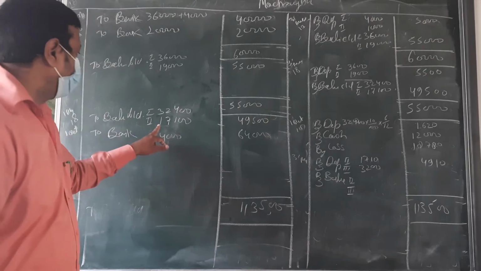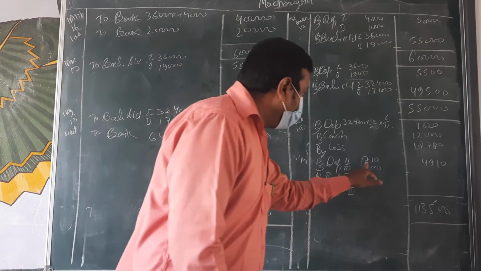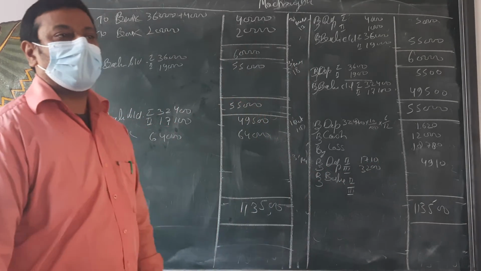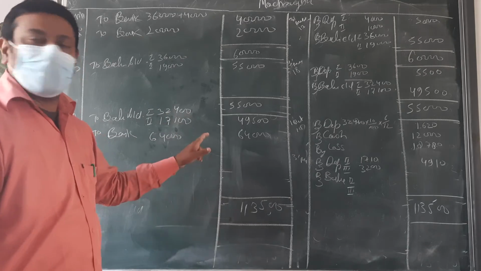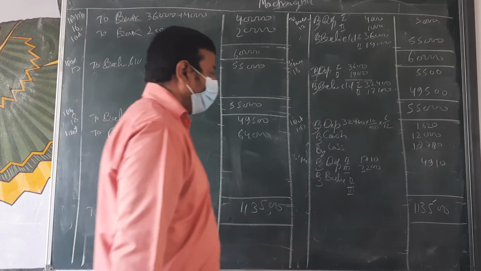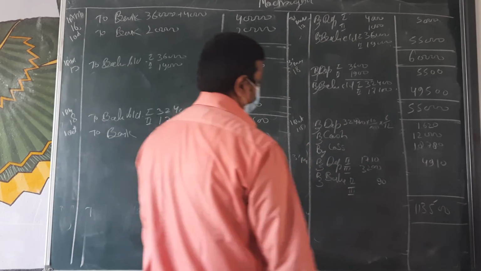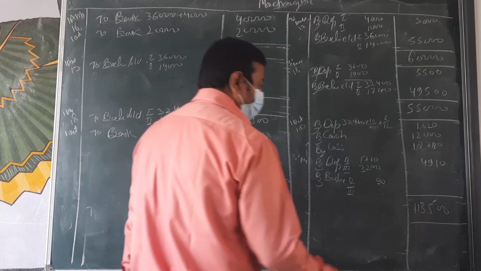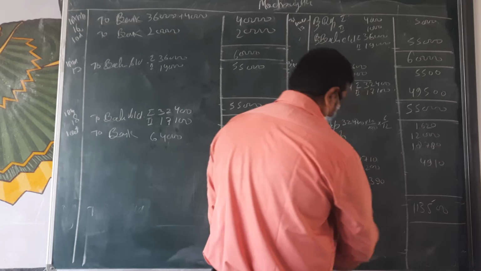Now calculate the difference amount by balance c/d, second machine and third machine. Take the difference. 17,100 less 1,710. What amount is coming? Tell me fast. 15,390.